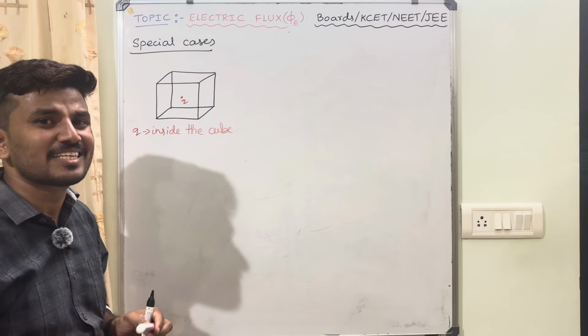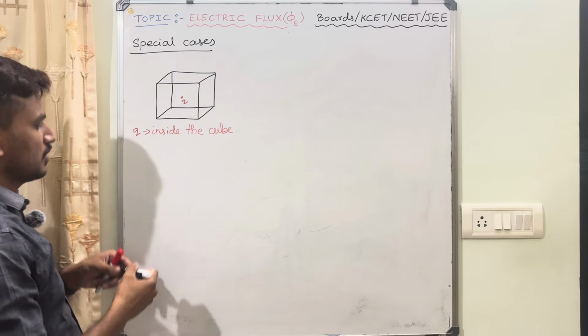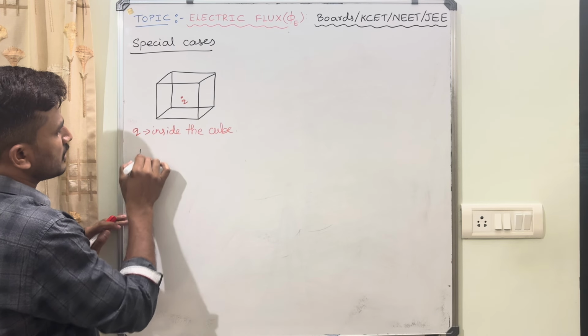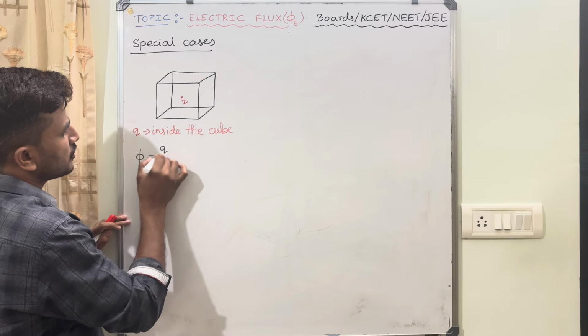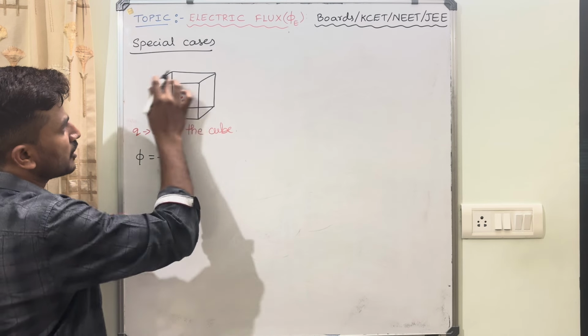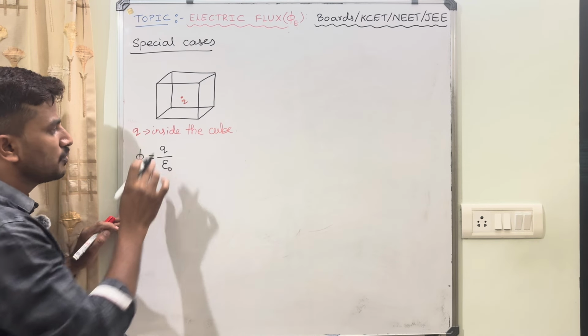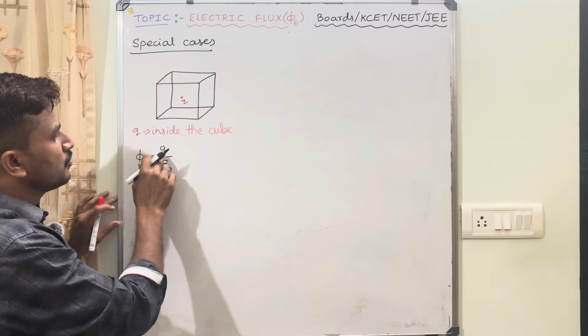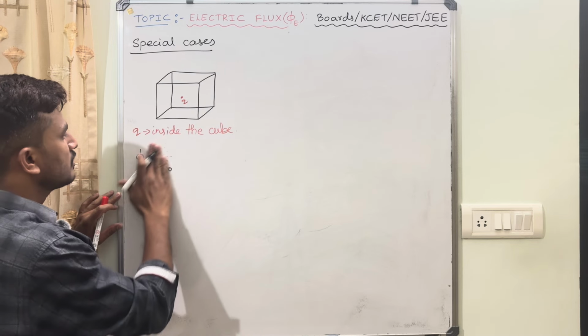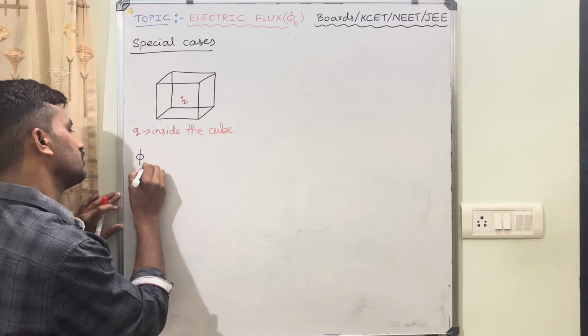Now what is the electric flux through the cube? Since the charge is present inside the cube, flux is given by charge enclosed by epsilon naught. Charge enclosed by the cube is q, so the flux is q divided by epsilon naught. That's it. This is the flux through the cube.